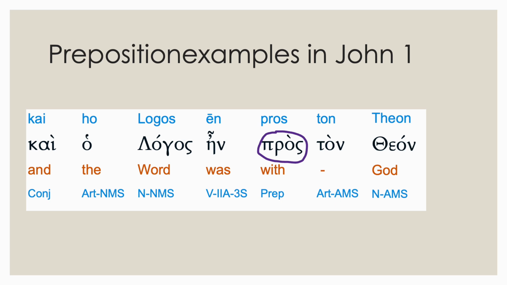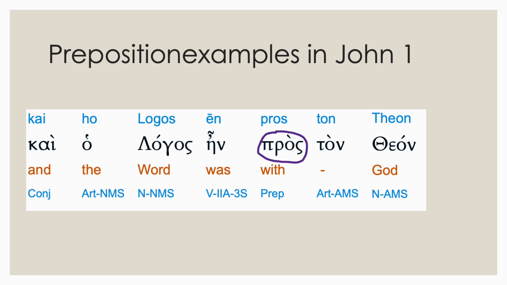In the very first verse, we've got, in the beginning was the Word, and the Word was with God. So the bit that says, and the Word was with God. Here we've got kai, ho logos, and pros ton theon. Now, literally that means towards God, but God is in the accusative, and we're thinking not about a literal motion here, but the theoretical sense.